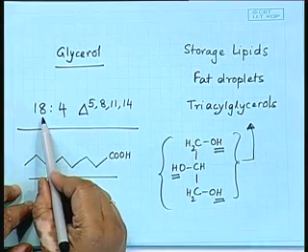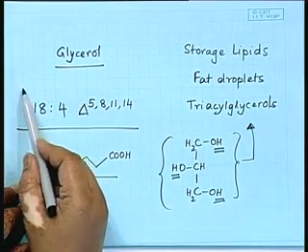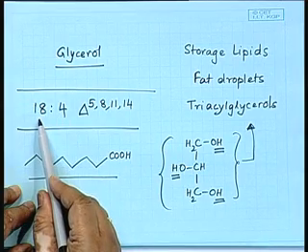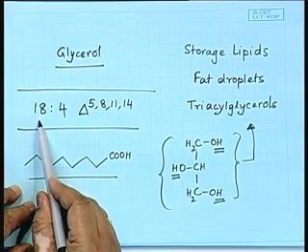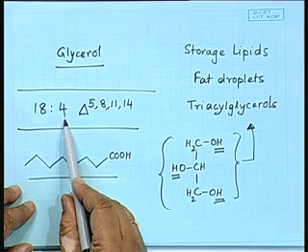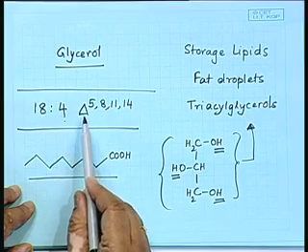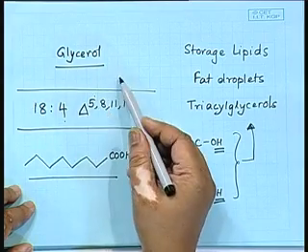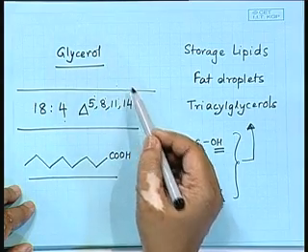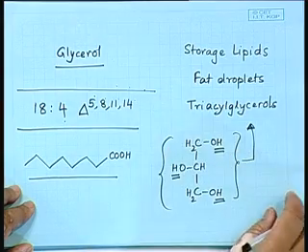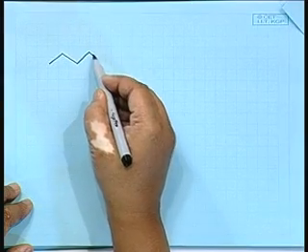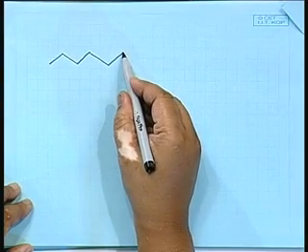When we have a nomenclature in the delta designation, we have 18:4. The 18 stands for the number of carbon atoms, the 4 stands for the number of double bonds, and these are the positions of the double bonds from 5 to 6, 8 to 9, 11 to 12 and 14 to 15.